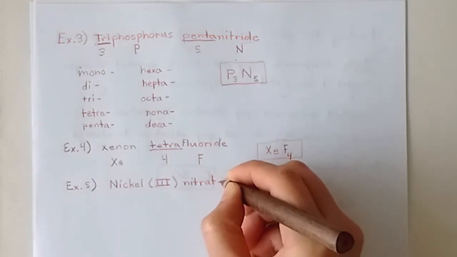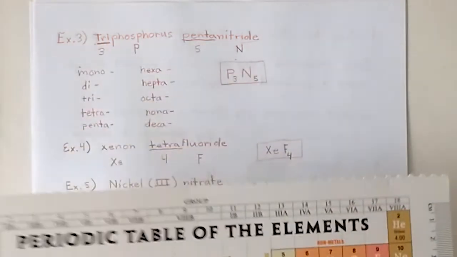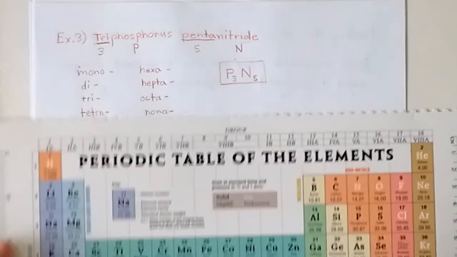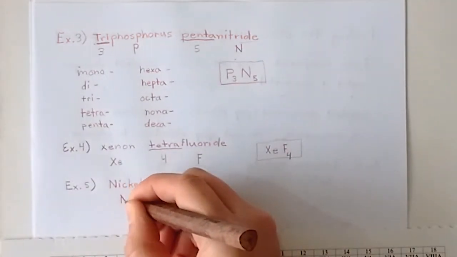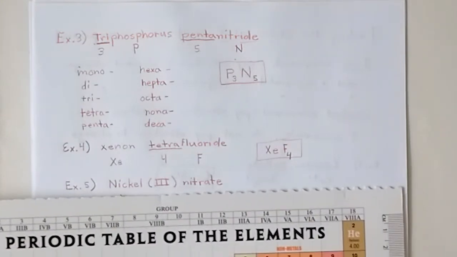Alright, so the next example is to find the chemical formula for nickel-3 nitrate. First we look at the periodic table to see that nickel here is represented by Ni, and nitrate is a polyatomic ion.